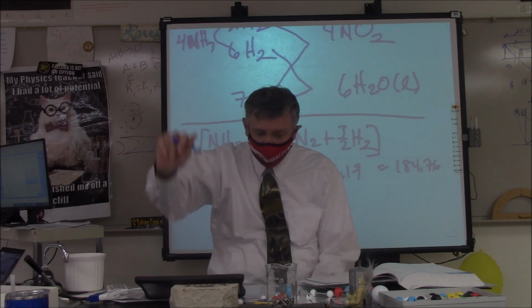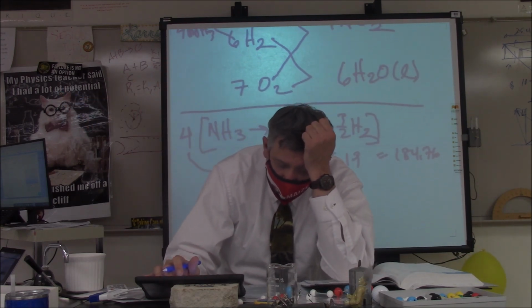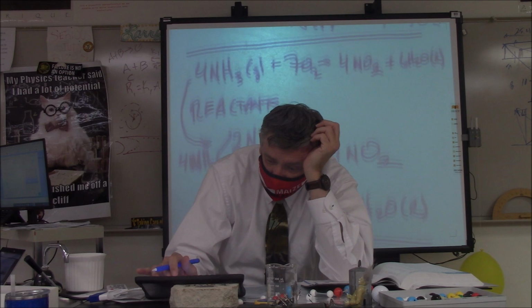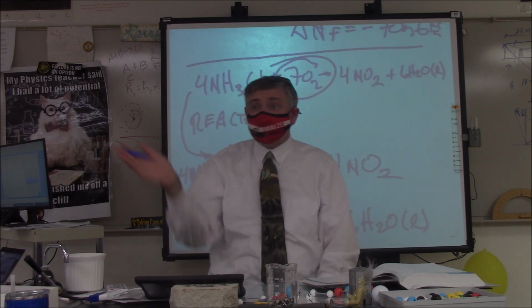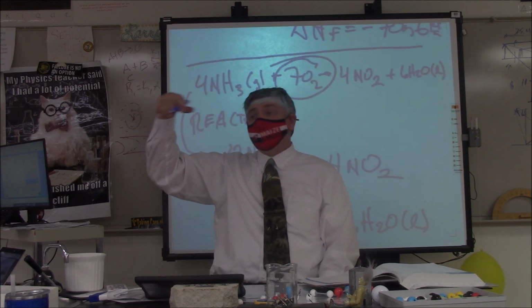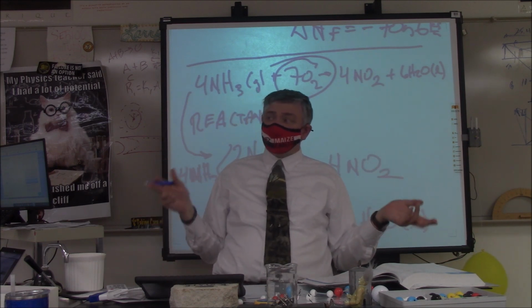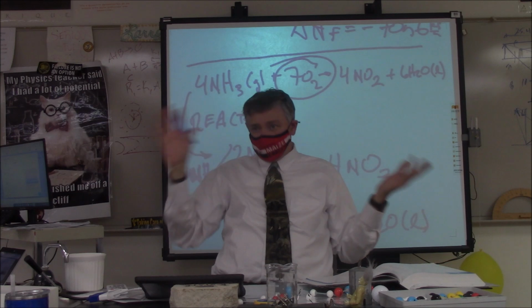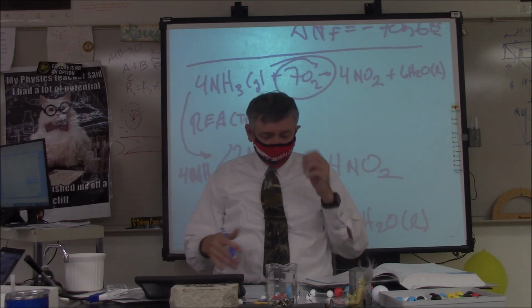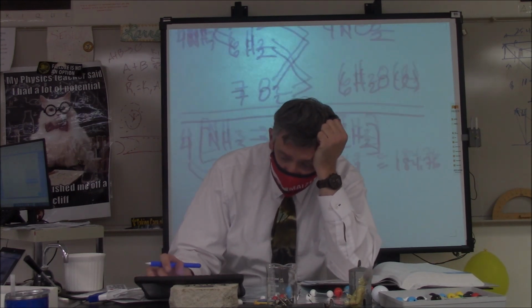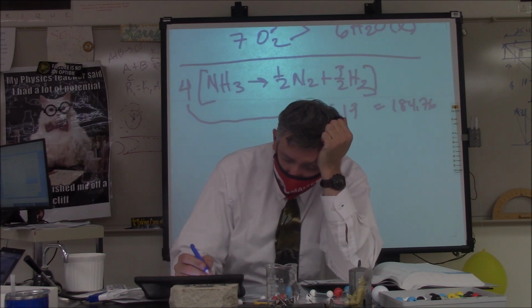Okay? All right. Now, we don't have to worry about the oxygen because that's already in its elemental form. So there is no value for the standard enthalpy of formation of oxygen because it's just a number. That's all it is. Okay? Nothing there. 0.